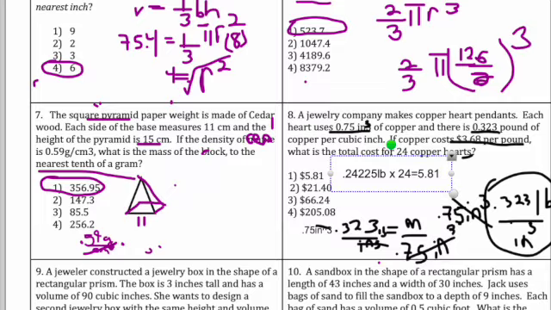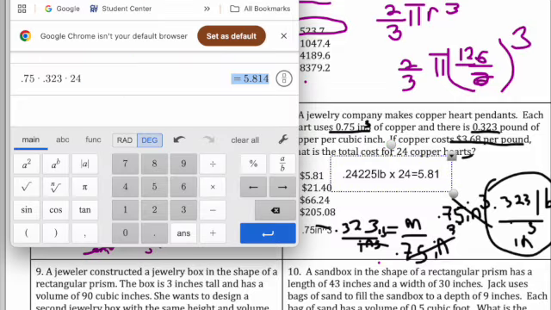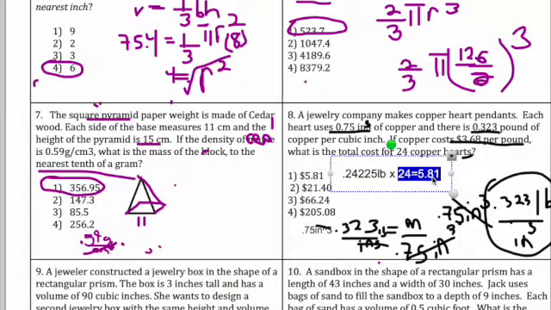That is the mass for all 24 of the pendants, in pounds, and this is how much it is per pound.